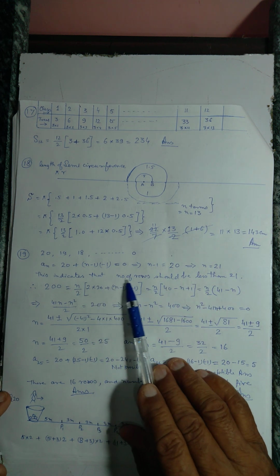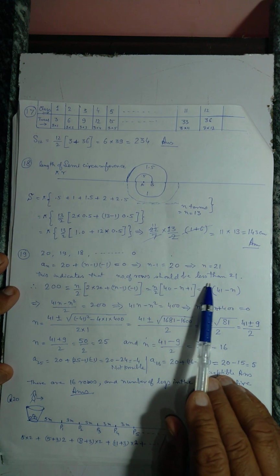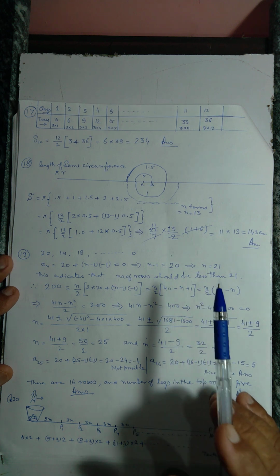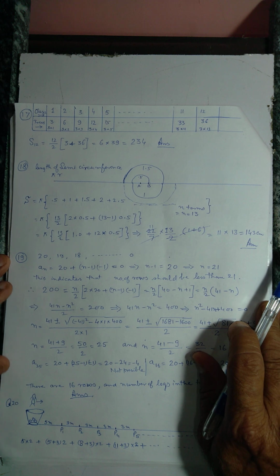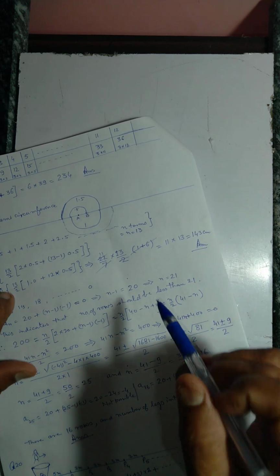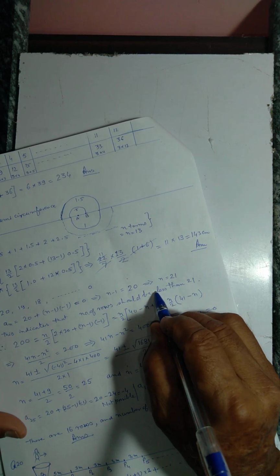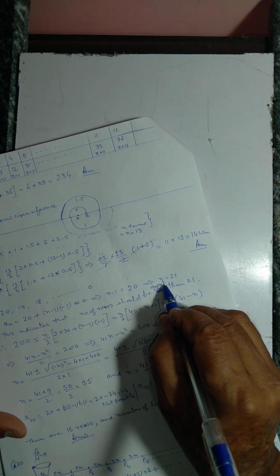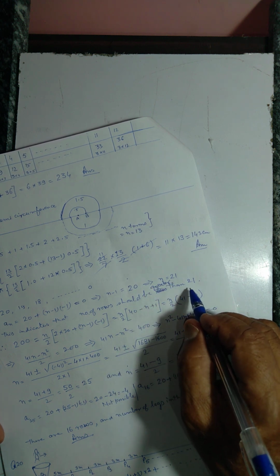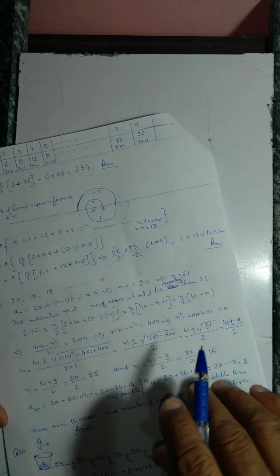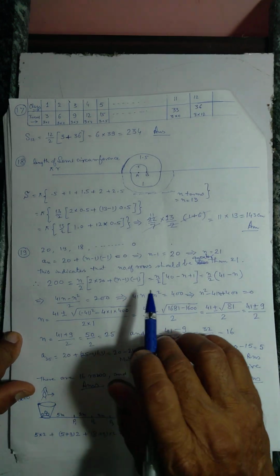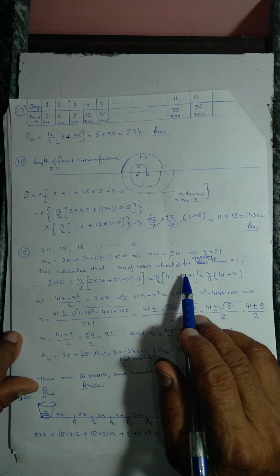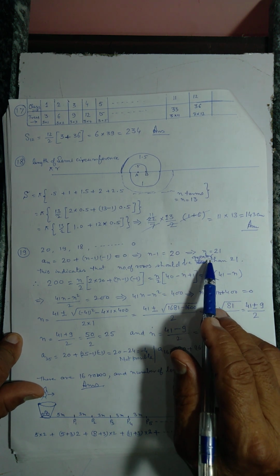This indicates that the number of rows should not be greater than 21, because there is no possibility to have more than that.